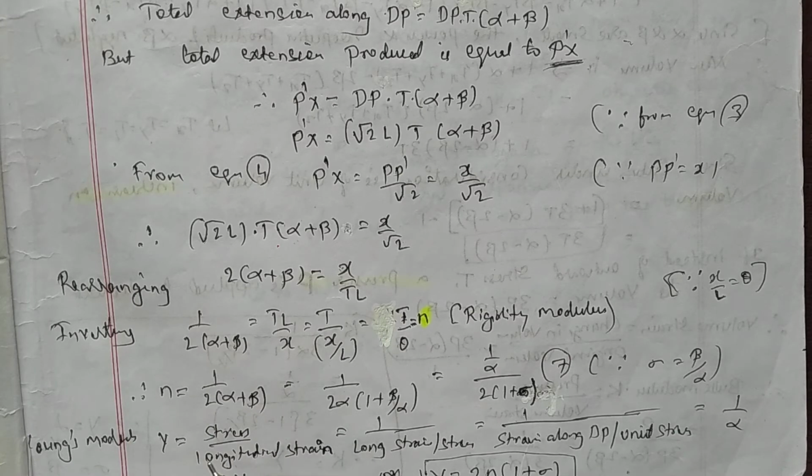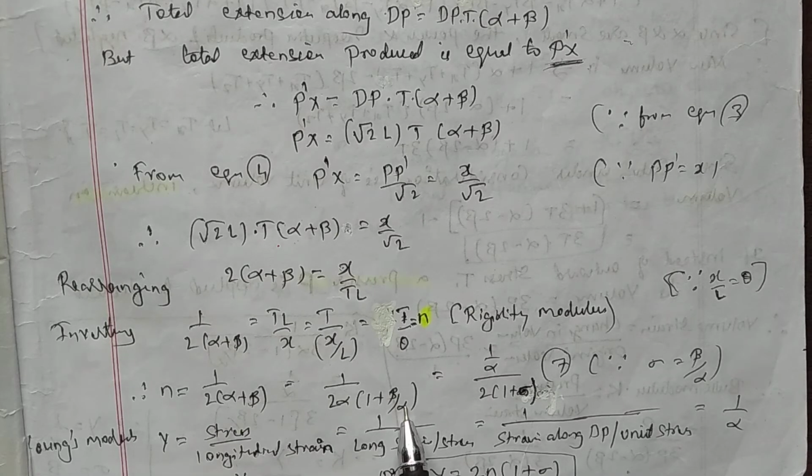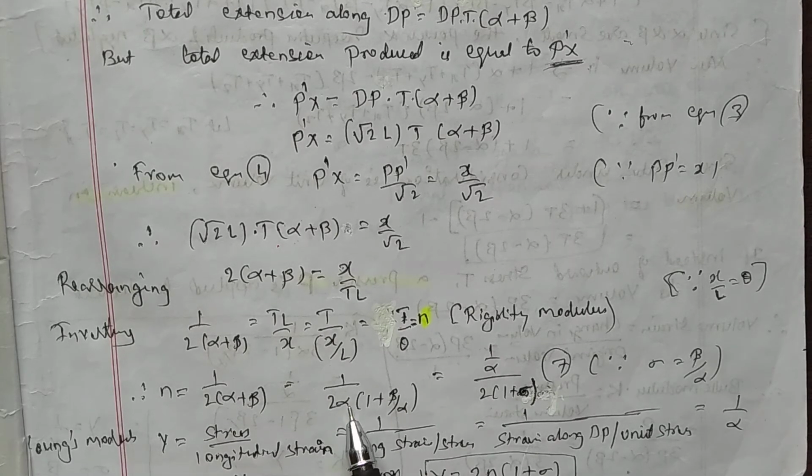Once again rearranging the terms, the RHS may be written as 1 by 2 alpha into bracket 1 plus beta by alpha. In the next step, this alpha goes to the numerator, so it may be written as 1 by alpha into bracket 2 into 1 plus beta by alpha.